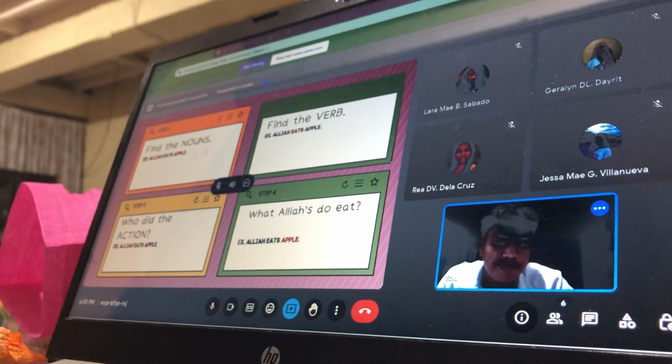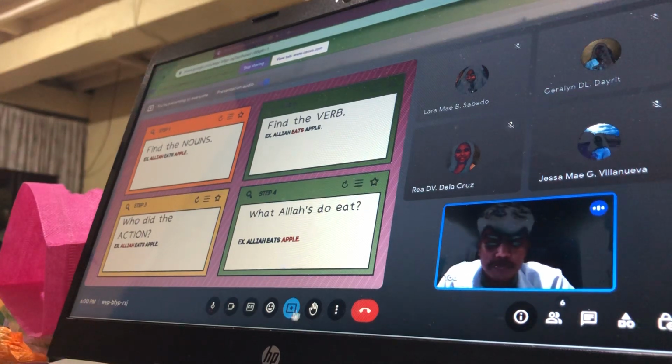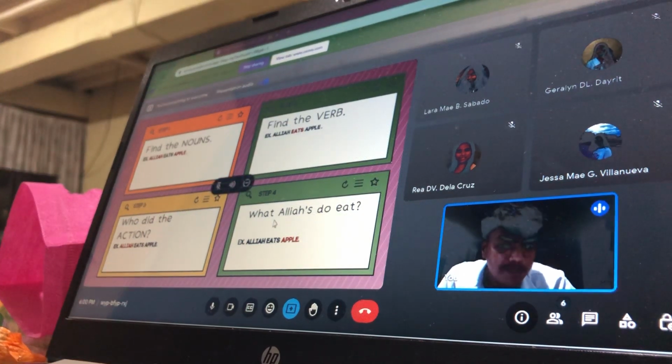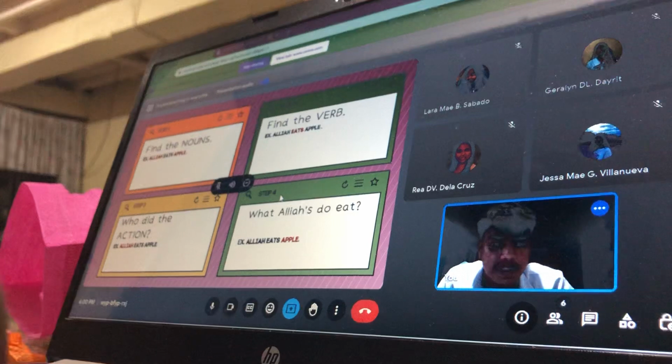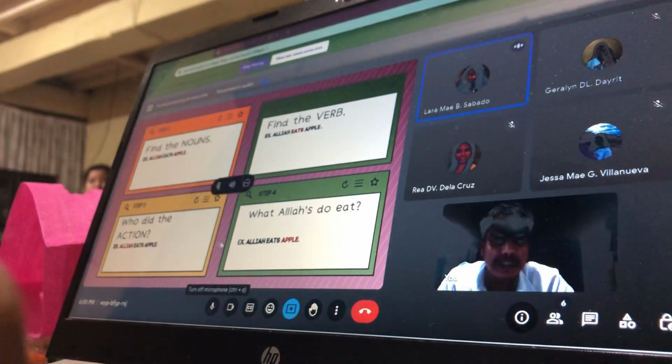And in step 2, find the verb. We all know that verbs are action words. So in Aliyah eats apple, what is the verb? Eat. Okay, very good. Eat.